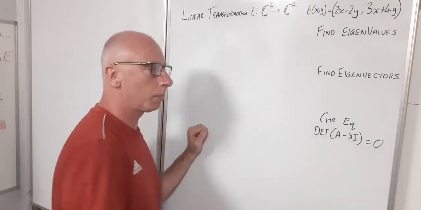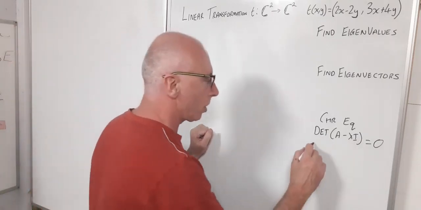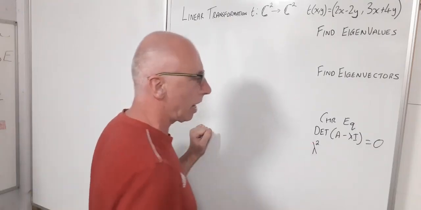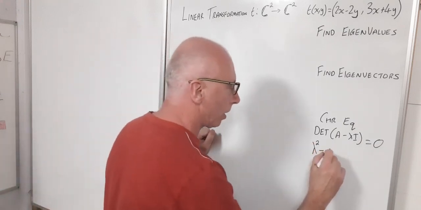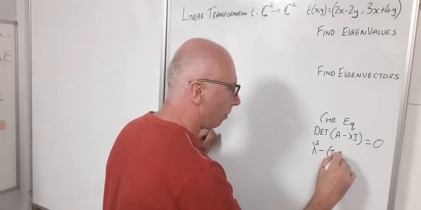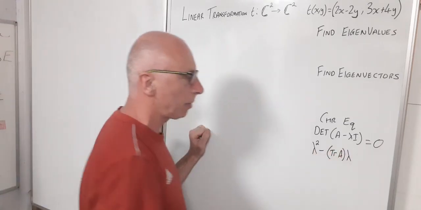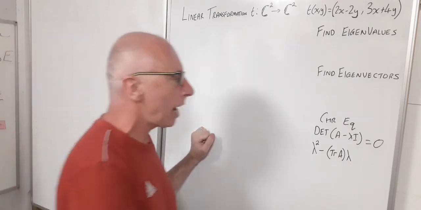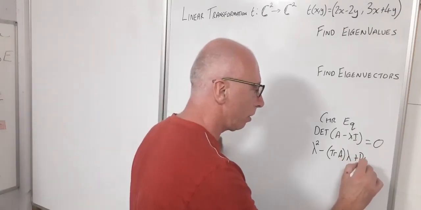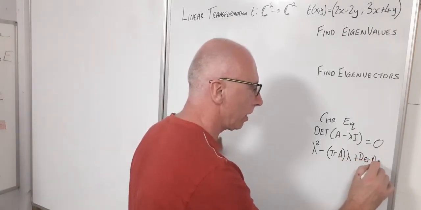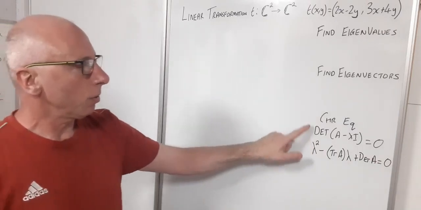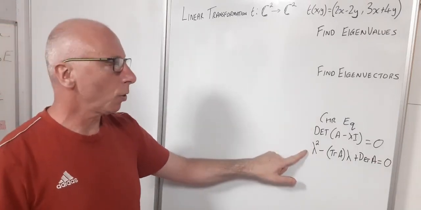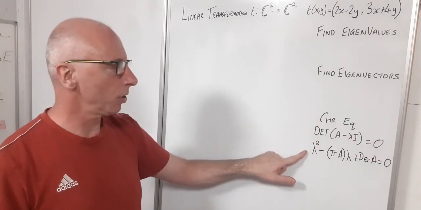Rather than take the determinant of this, we start off with lambda squared, as it's 2 dimensions, and then we subtract the trace of A times lambda, and then we add the determinant of A and set that to 0. Now these will yield the same characteristic equation and give us the same solutions.